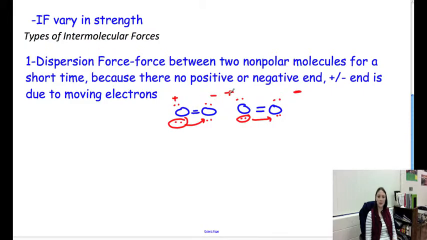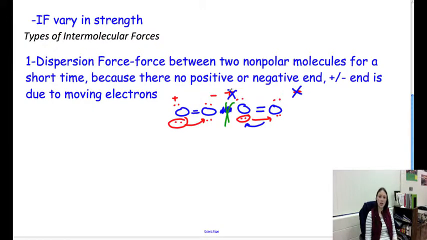Positives and negatives attract, so we end up with a little attraction between these two O's. Now it's not an actual bond, it's just kind of like a magnetic attraction. But as soon as these electrons move back over here, I'm no longer positive and negative, and this force between the two will break.